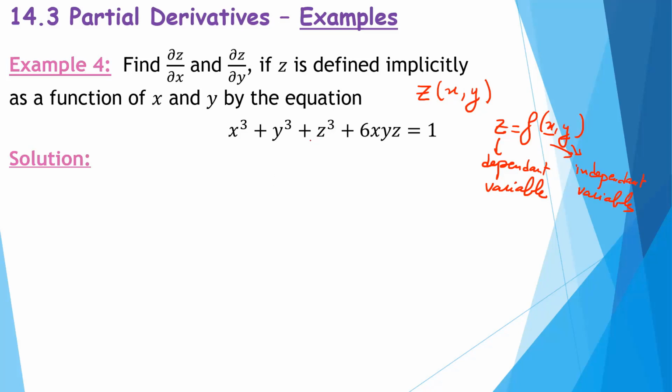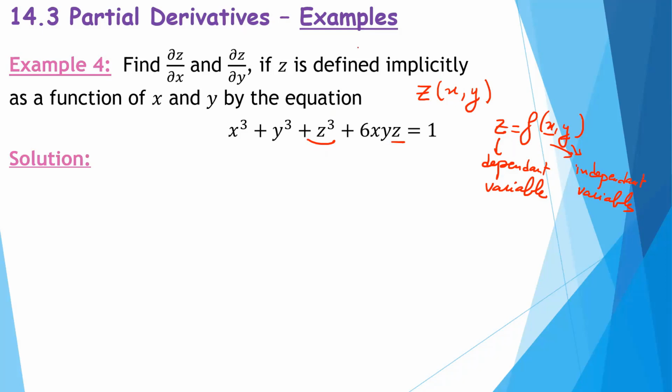But here you see we have z cubed. It's an equation of degree 3 in z in terms of x and y, and we cannot express z in an explicit way in terms of x and y.